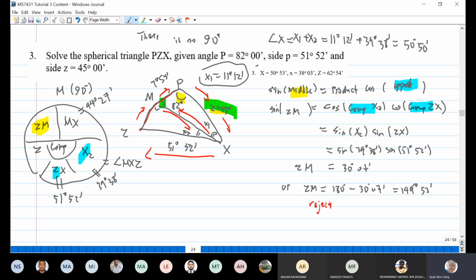Why reject here? Because again, the largest angle is 90 degrees, so it cannot be more than 51 degrees 52 minutes. The largest angle is here, so the largest side is this one. So you know that angle ZM must be less than 51 degrees 52 minutes.